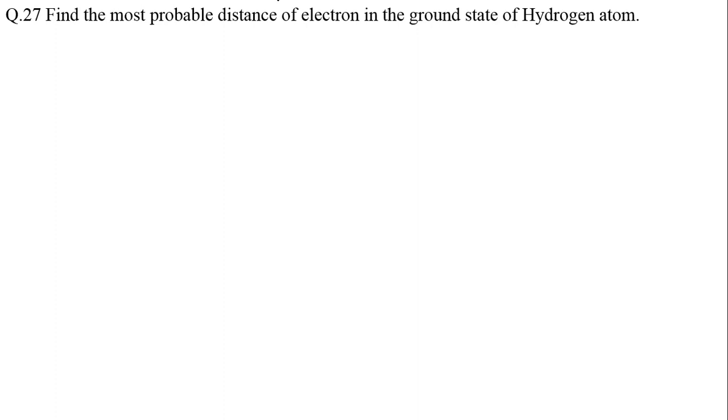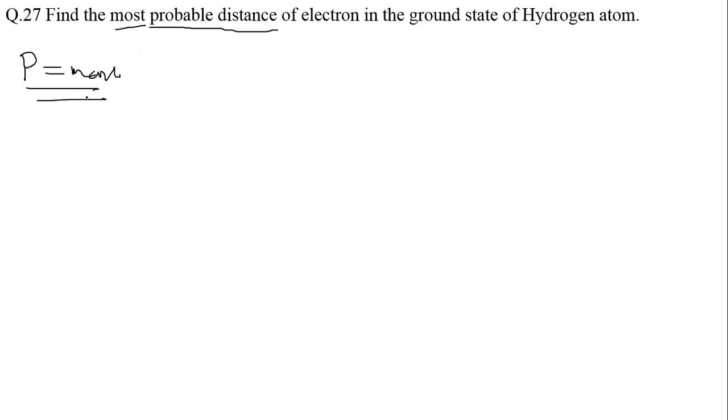Here we will take the help of the probability distribution, the probability density, which we talked about in the previous interaction sessions. Most probable distance means the probability is maximum.